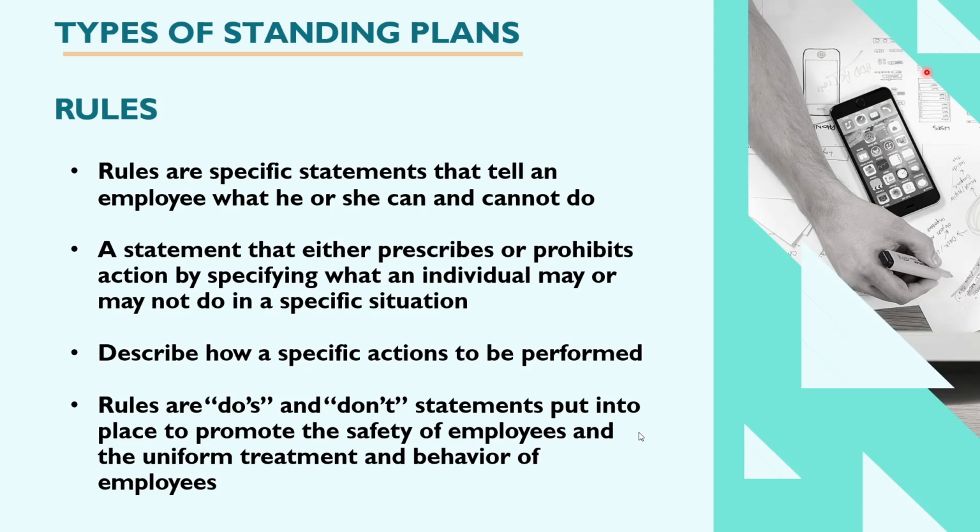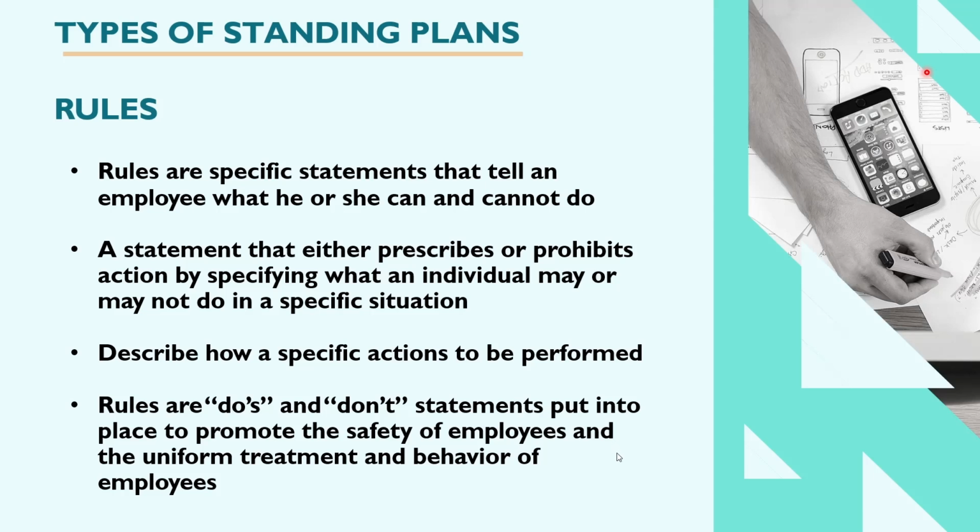So they are there to promote safety, ensure uniformity, and ensure that everyone is treated fairly. And also, rules also prescribe or prohibit actions. They either describe what you should do in a certain situation and clearly state what you should not do. For example, no smoking within 10 meters of the building. That is a rule. That's just a boundary for safety reasons.